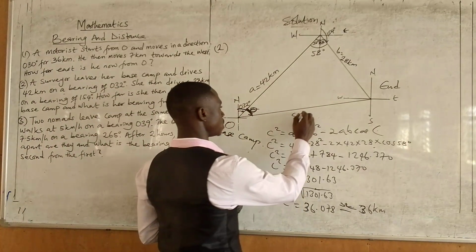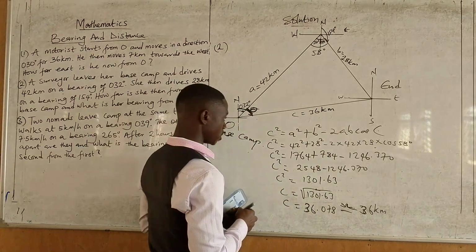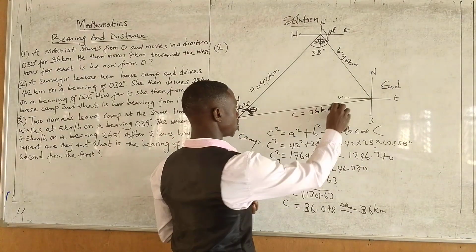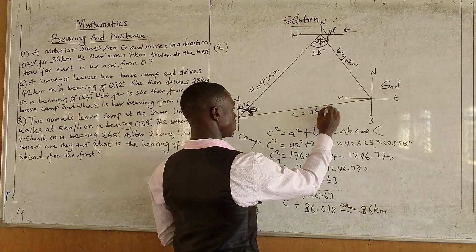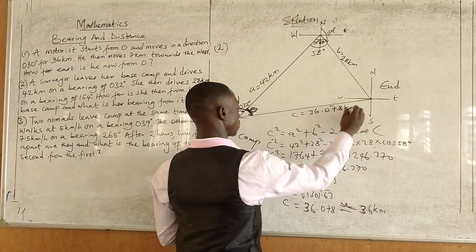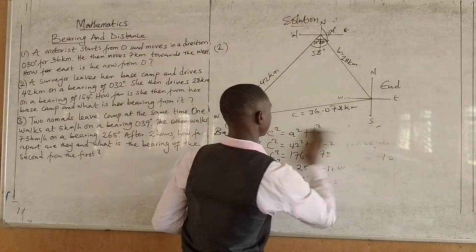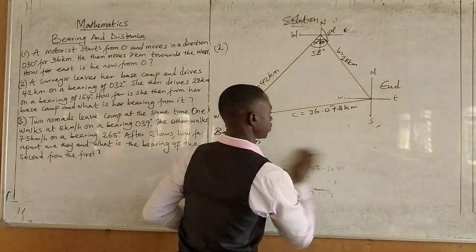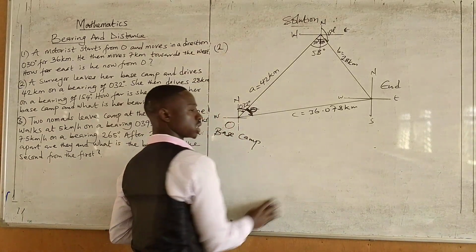So don't forget, C is 36 kilometer. But if you want to use that 36, you must include the decimals we have there, 0.078. So we use sine rule now. And I believe you've not forgotten your sine rule.